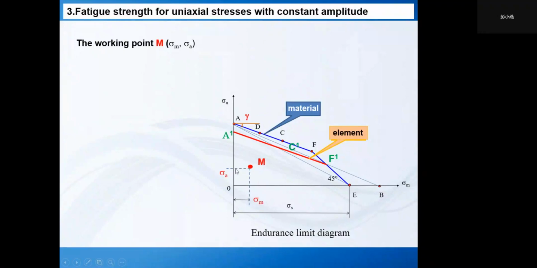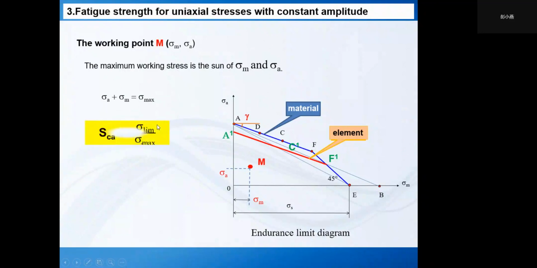And then the maximum working stress is the sum of sigma M and sigma A. The maximum stress is sigma M plus sigma A, okay? And then we use this to calculate the safety factor.